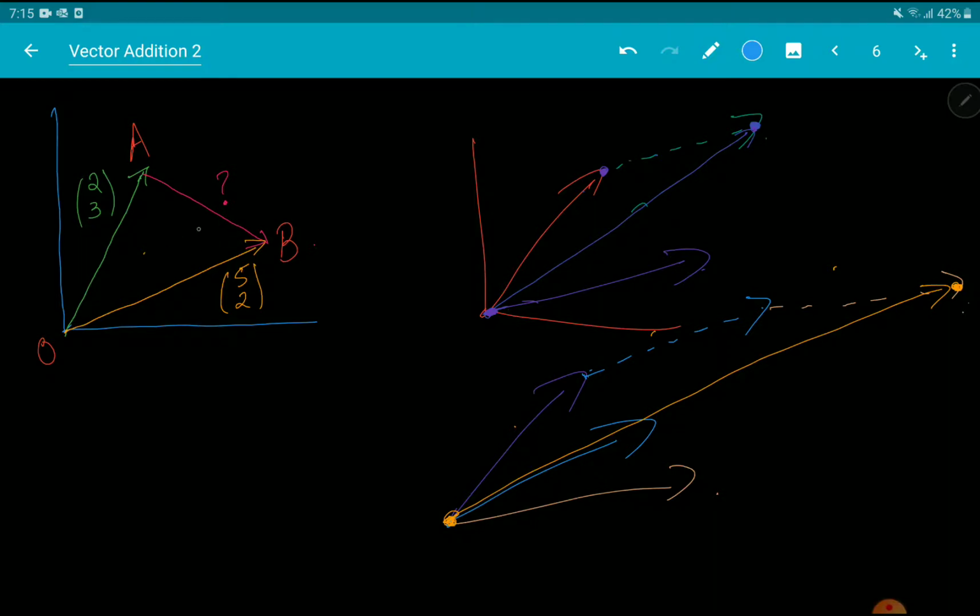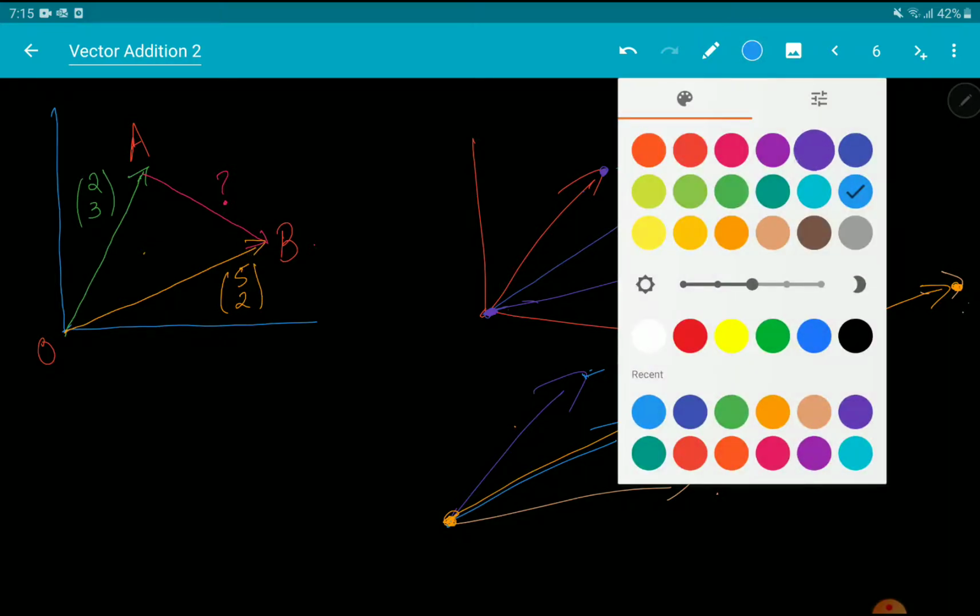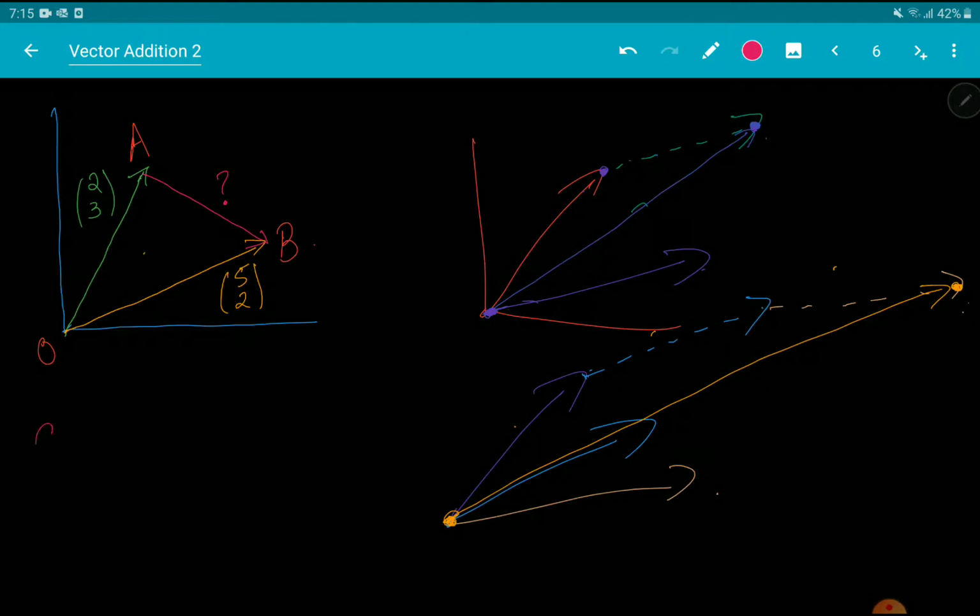So now if we want to draw a resultant, we have to draw it from O to the head of AB. But that's just OB, right? Which is already drawn. So we can easily see that OA plus AB is equal to OB, right?